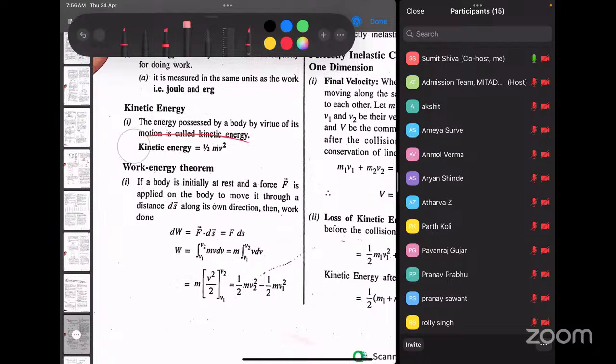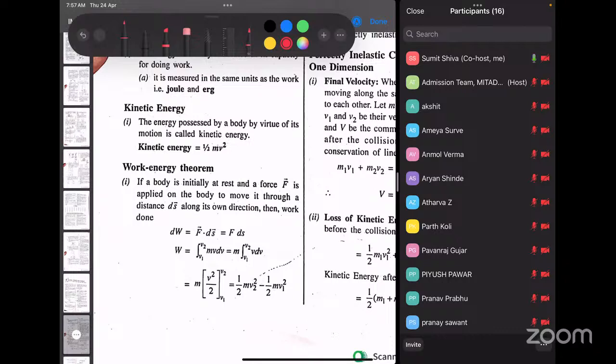Next, we have the work energy theorem. This is a very important concept in overall physics. The work energy theorem indicates that work done and energy consumption in a system are equivalent to each other. If there is a certain loss of energy, that energy can be converted into work done, and vice versa.